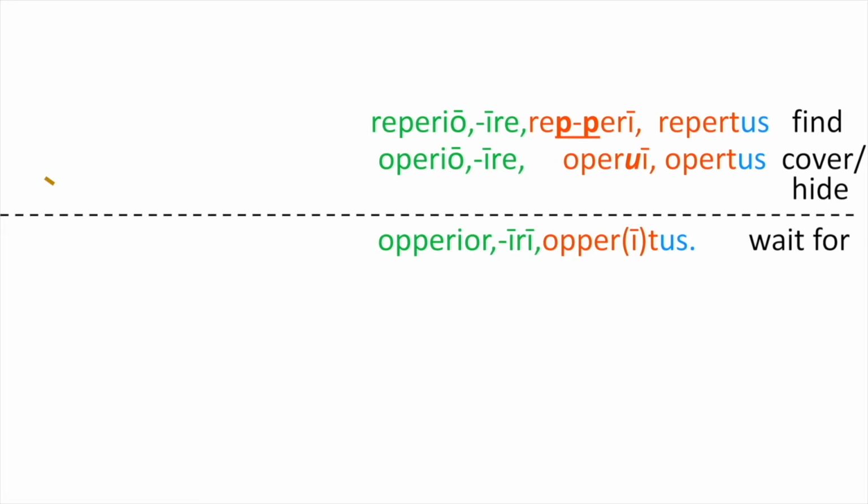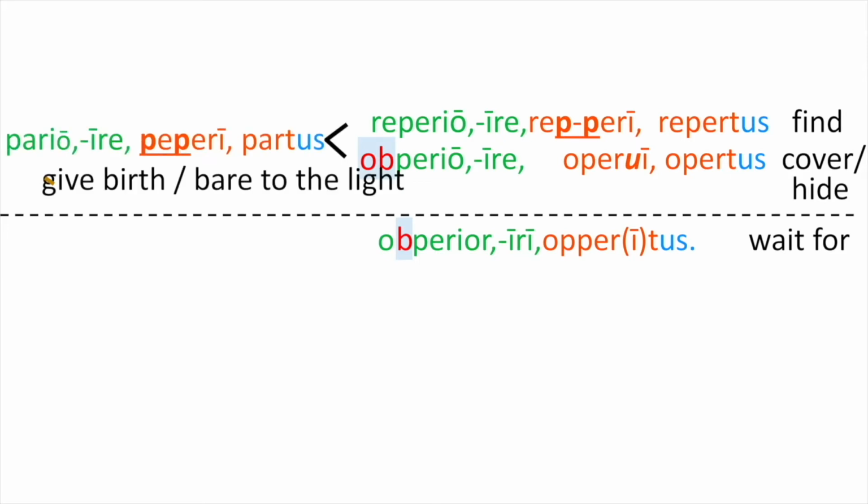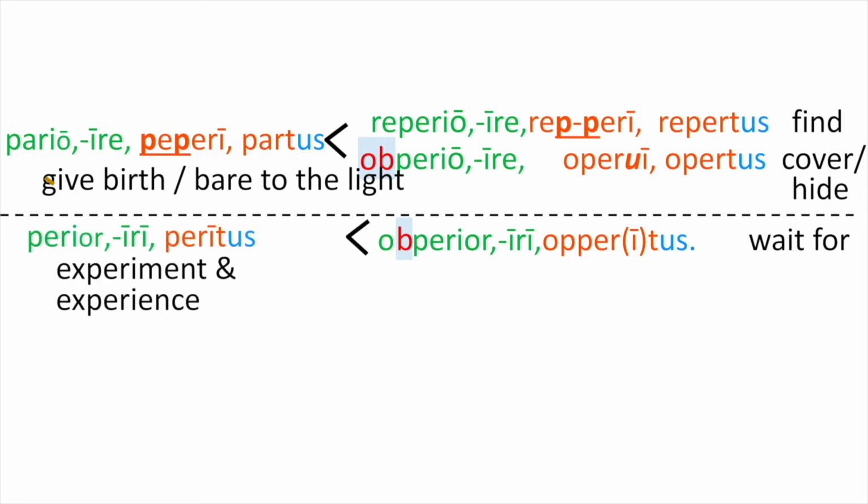And now how are we going to not confuse these and keep them straight? Well, first I would point out that the OPs are really hidden OBs. That's where they came from. Then looking back at the etymological root word that these came from, pario means to give birth or bear to the light, whereas perior is just your bland old word to experiment and experience. So knowing that, now we can figure out the whole word tree of all the words that come from these root words.